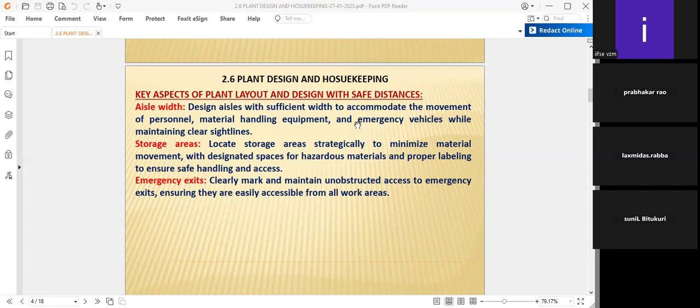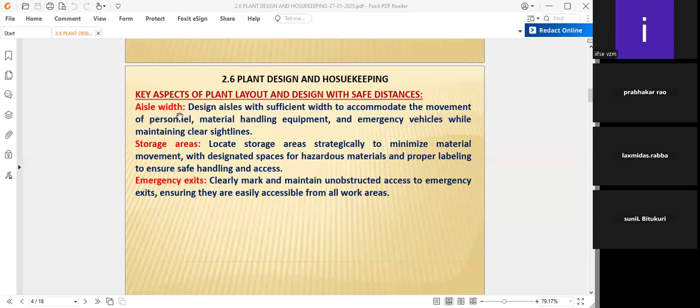That means in between, the process department's service storage will also be taken care of, like the material storage, for example liquids like LHS and furnace oil; for all these things we can have service tanks also. Emergency vehicles will also be provided for while maintaining clear sight lines, where the directions will also be given.